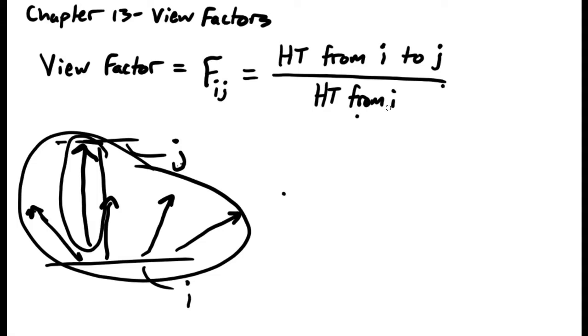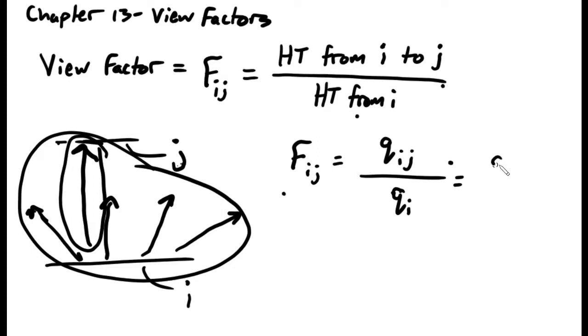So this is actually very useful because let's write out kind of a more mathematical definition. So Fij, let's say Qij is the heat transfer from I to J. And then let's say Qi is the total heat transfer from I. Well, the total heat transfer from I can be rewritten as just the radiosity of surface I times the area.